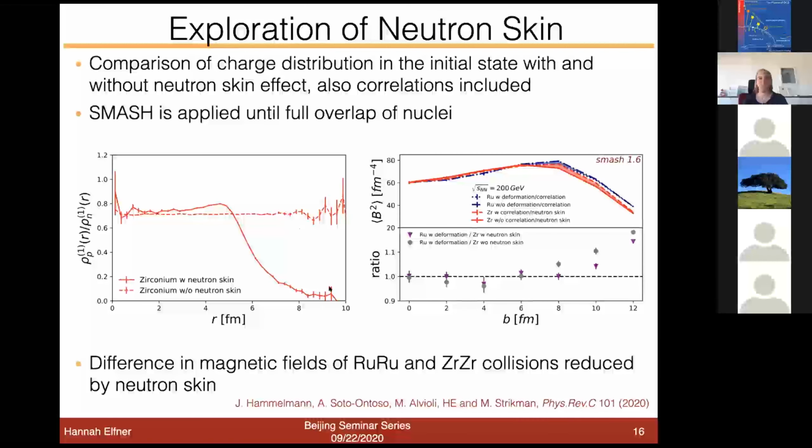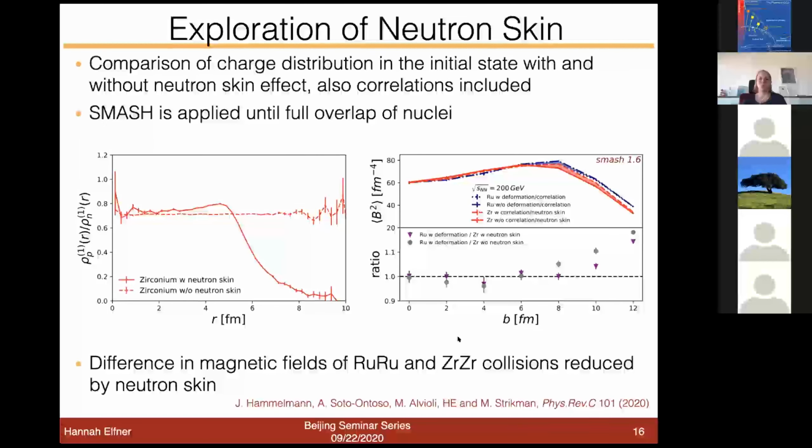And why did we look into this? Because we are suspecting that this has an impact on the isobar run that was carried out at RHIC, where ruthenium and zirconium were collided, in the hope that just the difference in the charge number makes a very different magnetic field.